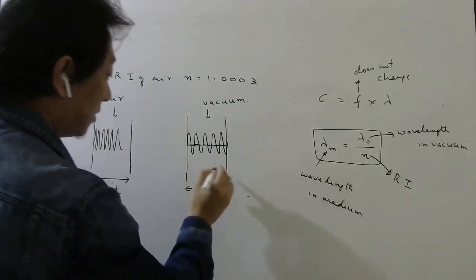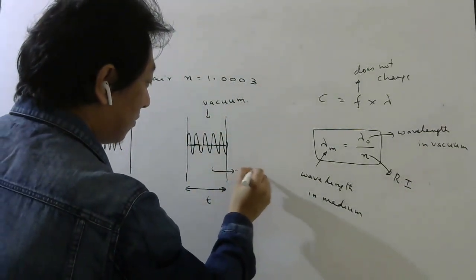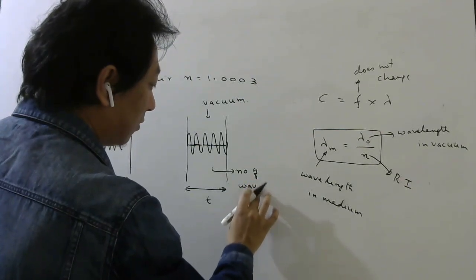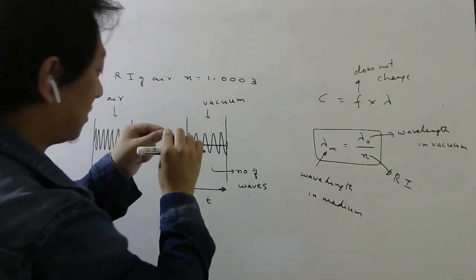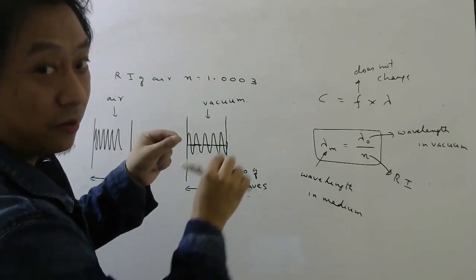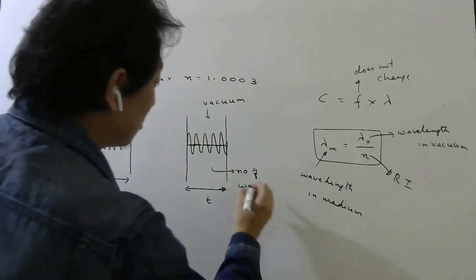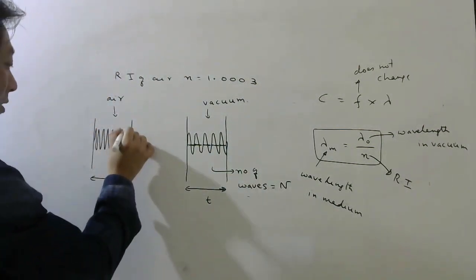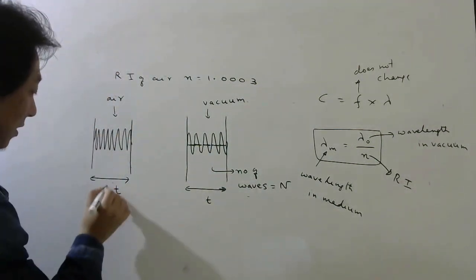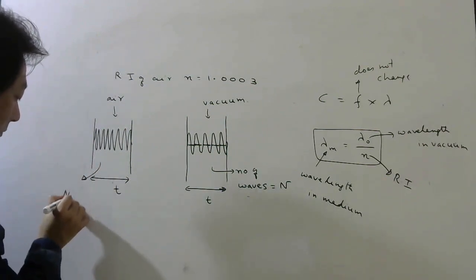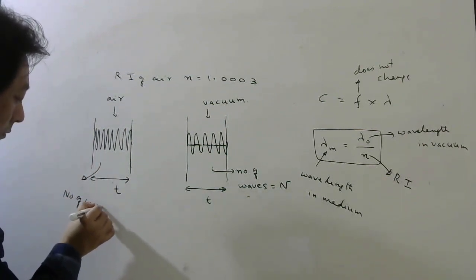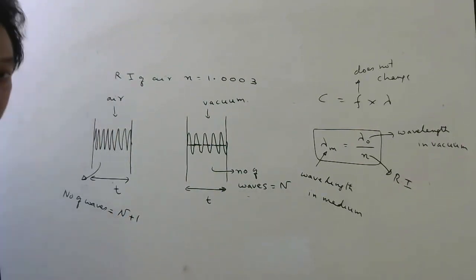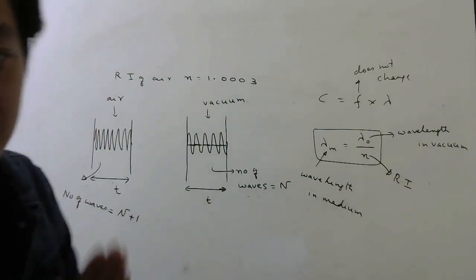So basically what they are saying, let us say this is one wave with length lambda. If the number of complete waves here is capital N, here the number of waves is N plus 1. It's one more than this. That is what they have told in the question.